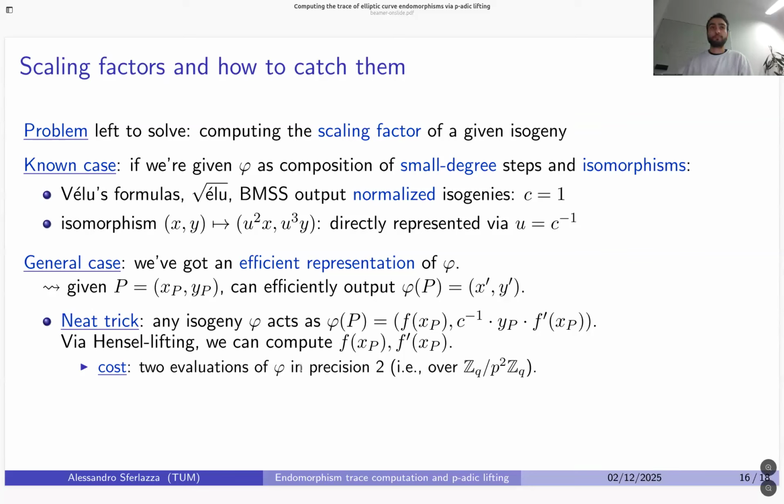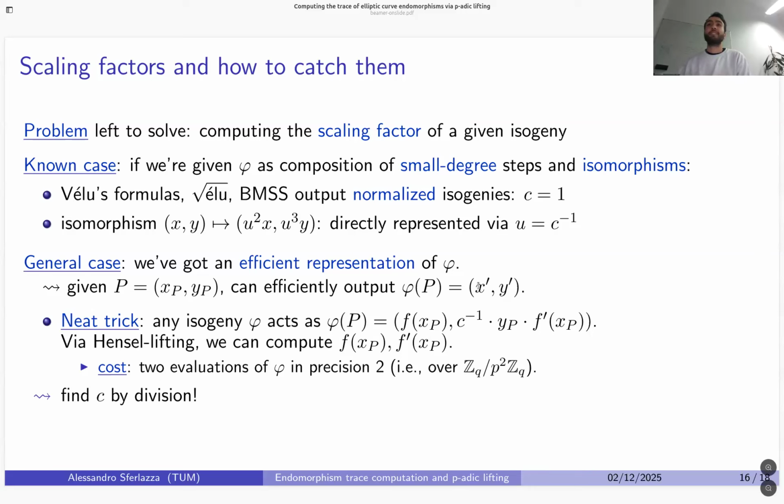So with two evaluations of this algorithm, we can get both the function itself and its derivative, again by the trick of approximating the function with a line. And from this information, we can find the scaling factor of a general isogeny, whatever the efficient representation is, so even for HD isogenies, not just for chains. Then in this case, c will be just recoverable through a division over the finite field we're working in.